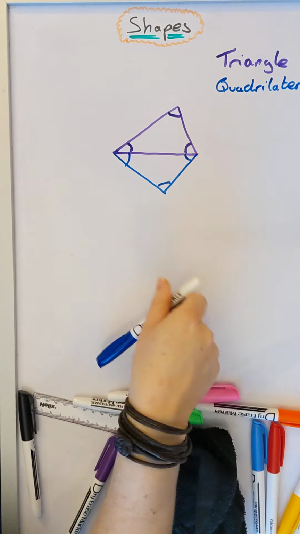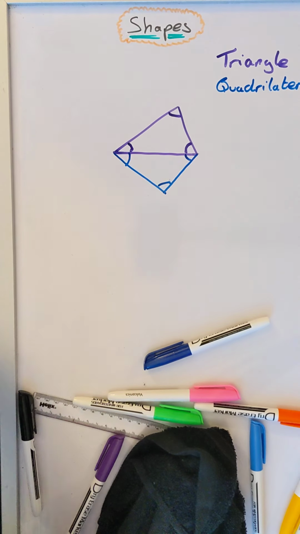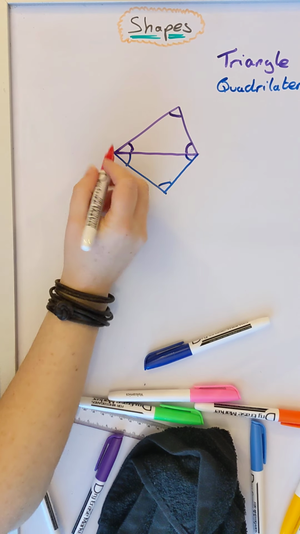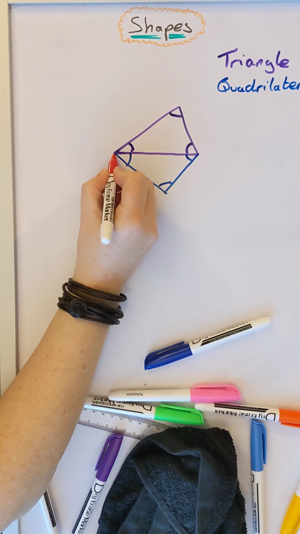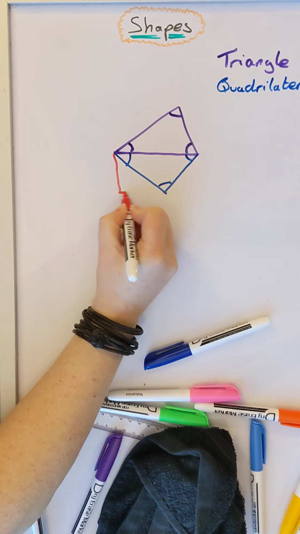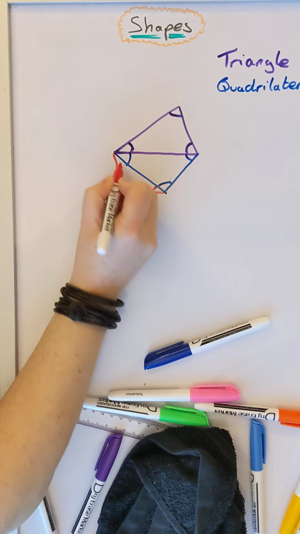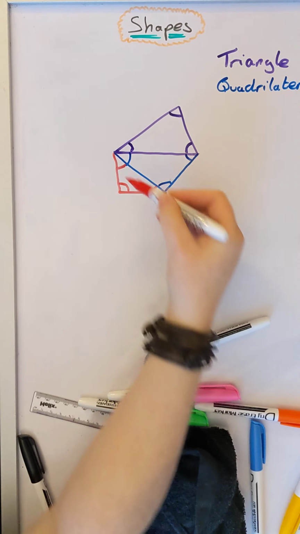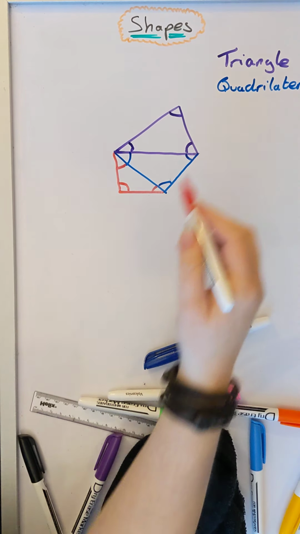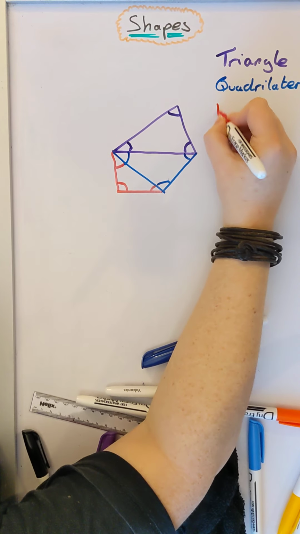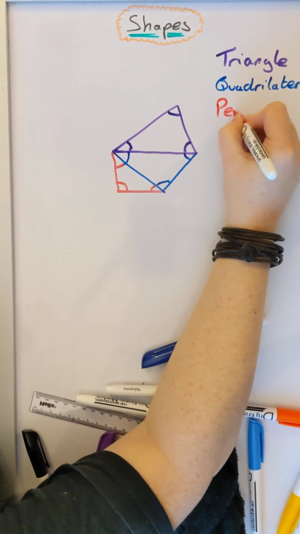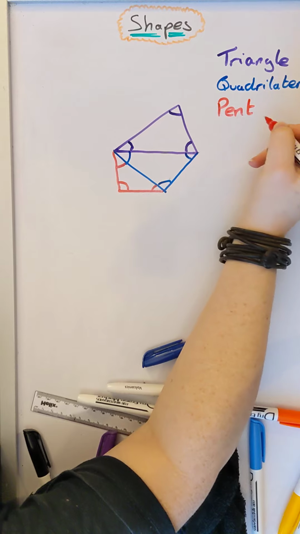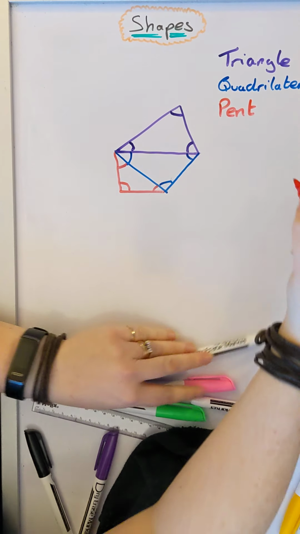Now if I want to make a 5-sided shape, I'll draw on another triangle. And I've added on another 180 degrees. So this is pent, means 5.